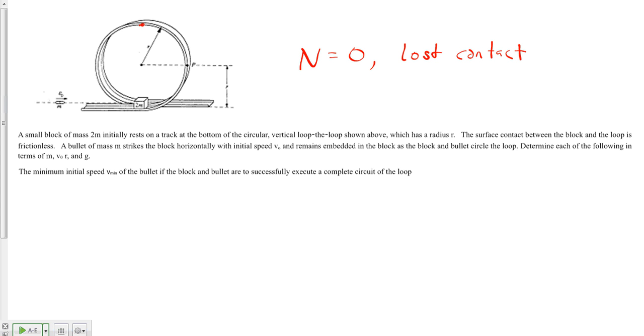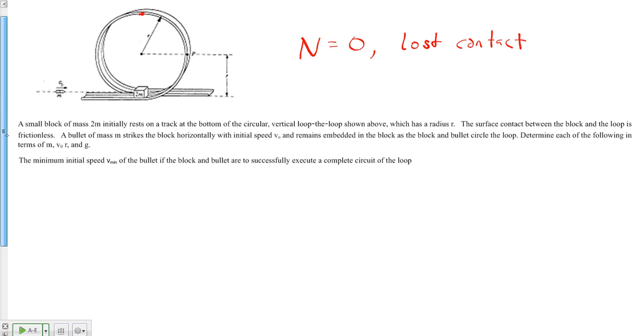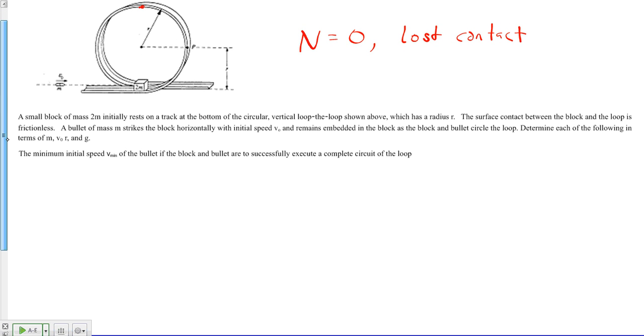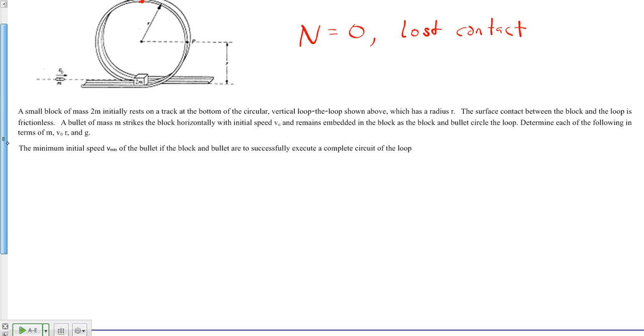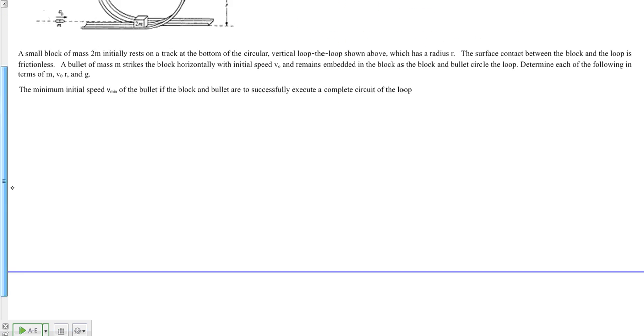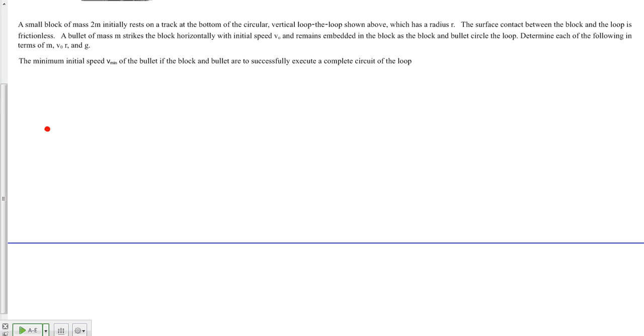So we want the normal force to exist at the highest point, or what we're going to solve for is when it doesn't exist, at what speed. So we're solving for normal force. Always use a free body diagram first. What's the free body diagram look like at the top? Where's normal force? Same as gravity as well.